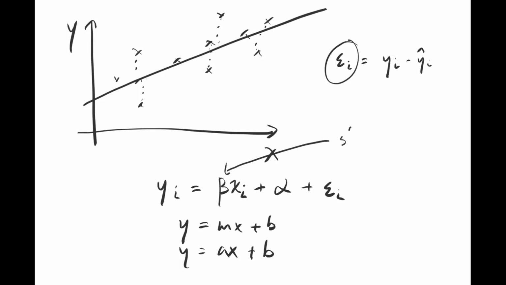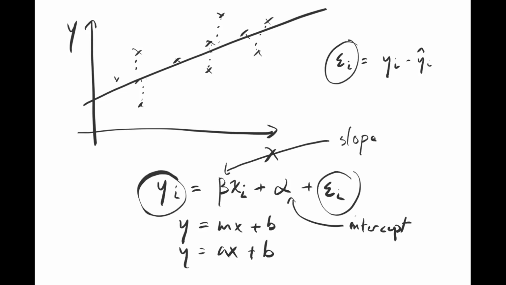So this is the slope of my function. This is my intercept. And so that will define the properties of the line. There is an additional term here, which is your error term that gets you to your exact value.